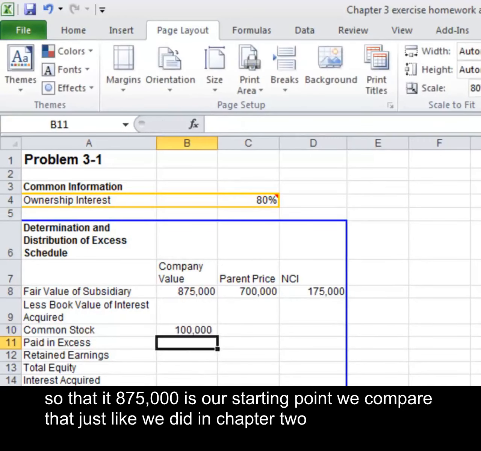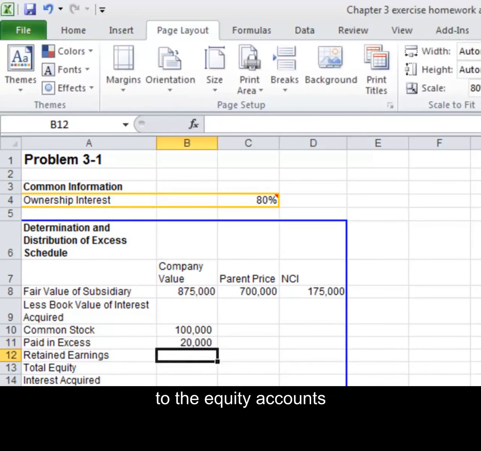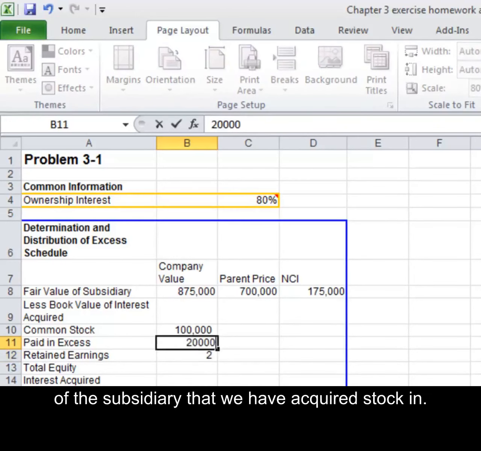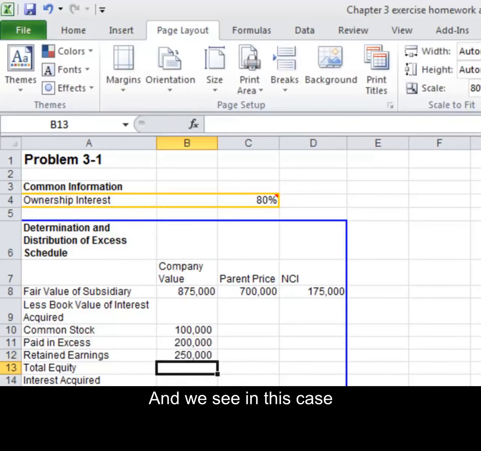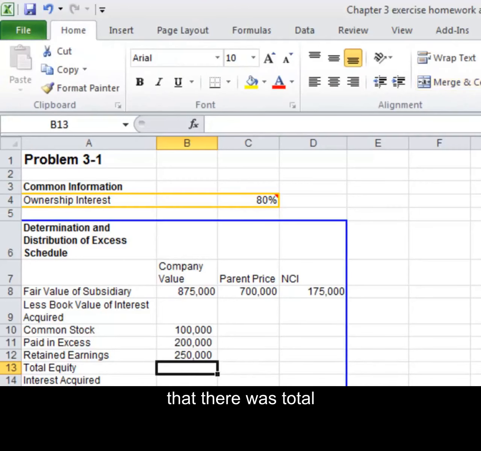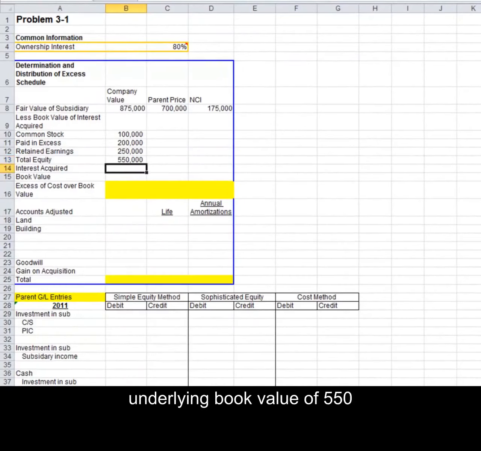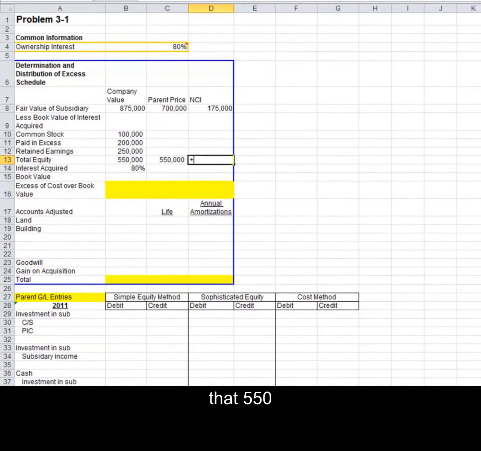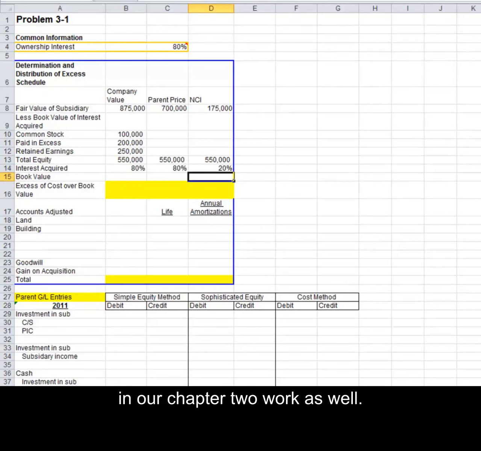We compare that, just like we did in Chapter 2, to the equity accounts of the subsidiary that we have acquired stock in, and we see in this case that there was total underlying book value of $550 for the 80% interest that was acquired, and we're going to then allocate that $550 to the two pieces that we saw in our Chapter 2 work as well.